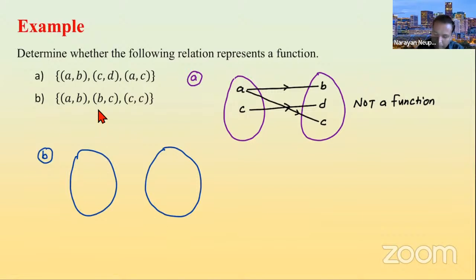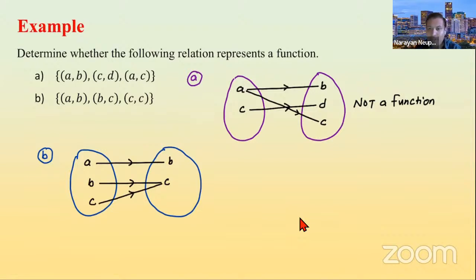And then let's start writing the values. For the input A, we have the output B. Similarly, for the input B, we have the output C. So B is mapped to C. And then C is mapped to C. C is the input, and it is also mapped to C.